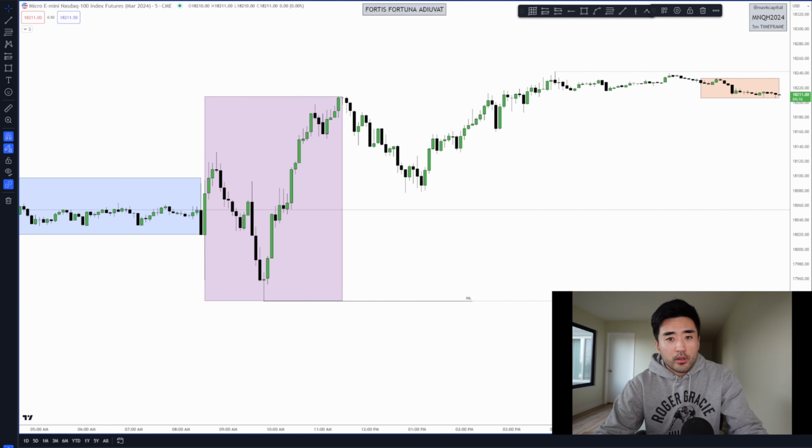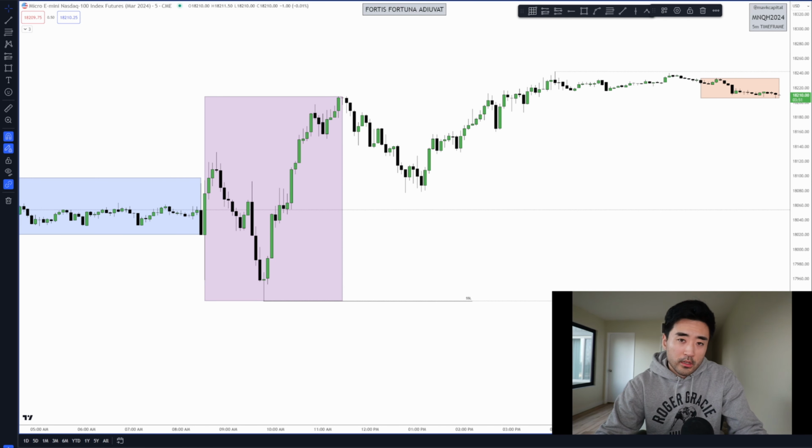So I would honestly just avoid those days if you're a beginner. I would just maybe paper trade or just tape read just to see what happens when those news are released. And then once you get more experience and you understand how the market reacts when news like this is released, you can start to trade maybe afterwards, after the news is released and you've seen how the market has reacted.